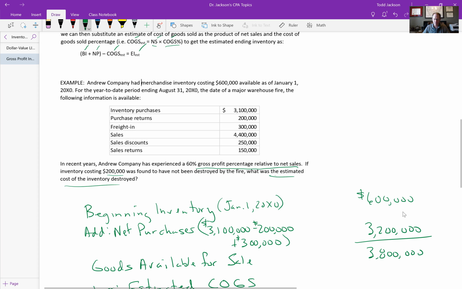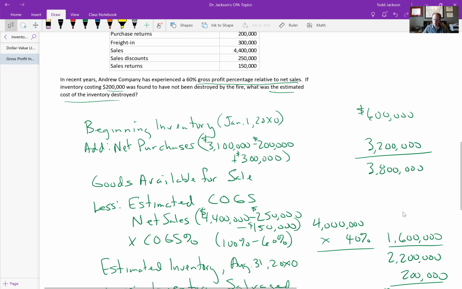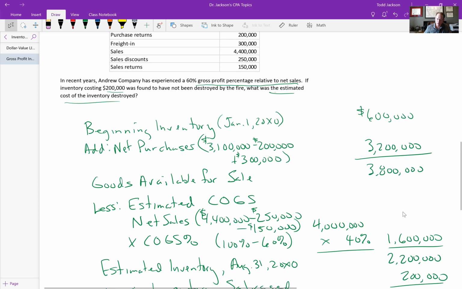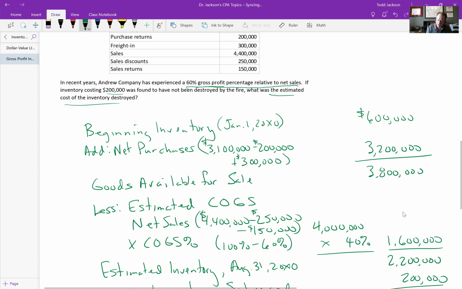Okay, fairly simple, relatively straightforward problem if you're familiar with the cost of goods sold computation. And again, you can recognize the form in which the gross profit percentage is provided to you. And if it is provided relative to net sales, then just crank right through it. We'll note here that the problem could have been worded differently.